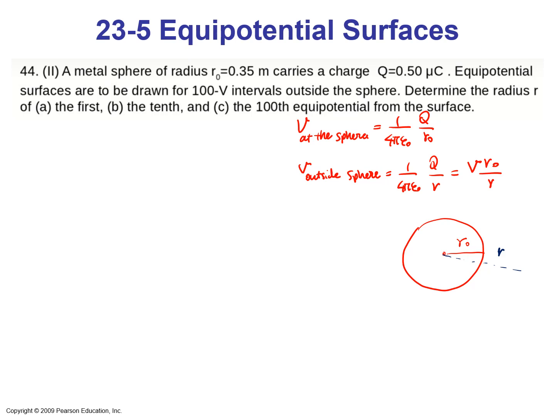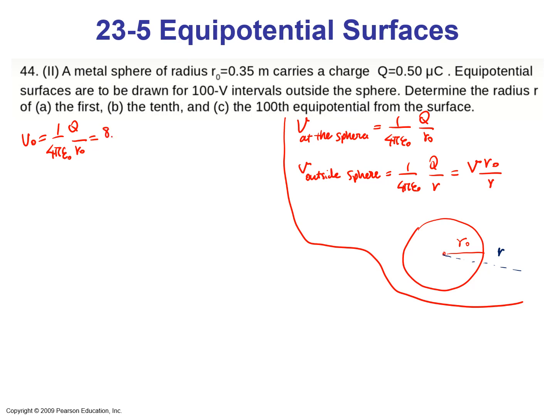Let's write it down for the surface of the sphere. V naught at the sphere is equal to 1 over 4 pi epsilon naught, Q divided by r naught.